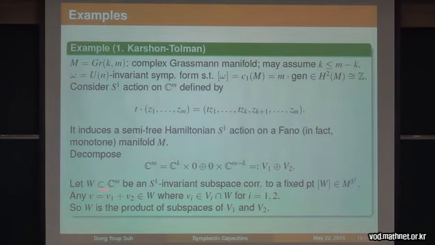It's an invariant subspace W. So any W can be written as W1 plus W2, where W1 is the intersection of W with V1 and W2 is the intersection with V2. This is just simple linear algebra. So W is a product of a subspace of V1 and a subspace of V2.